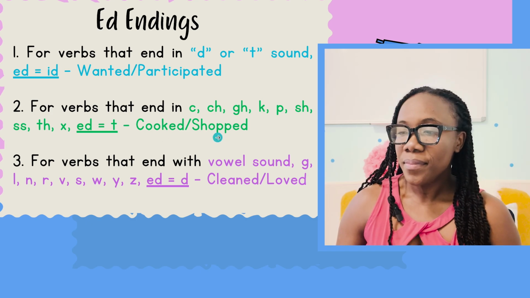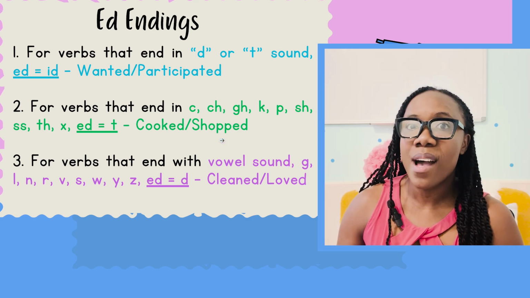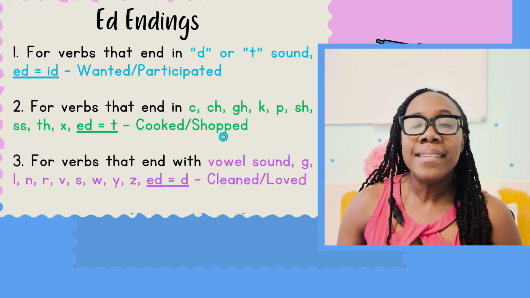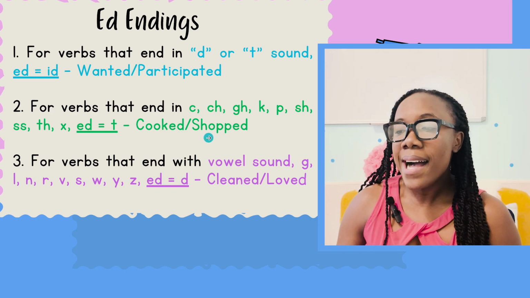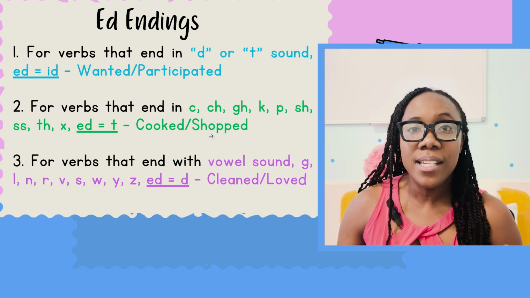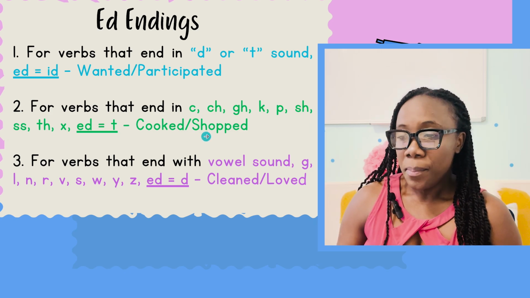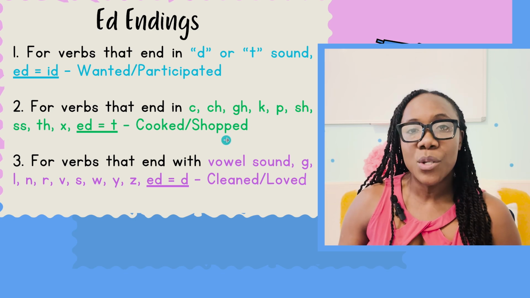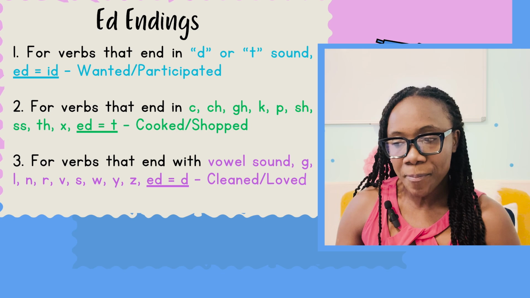Shop. That final sound is a P sound. So the past tense of shop is shopped. And because shop has the CVC structure, it's spelled S-H-O-P. H is a consonant, O is a vowel, P is a consonant. We double the final letter, which is the P.